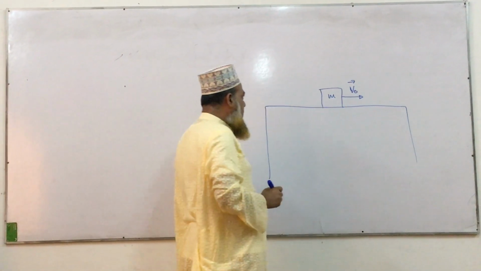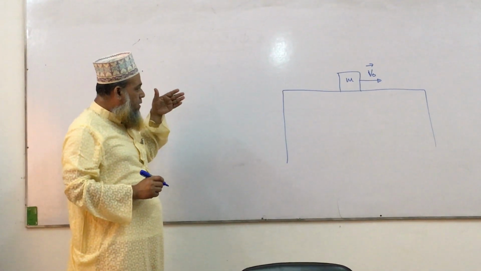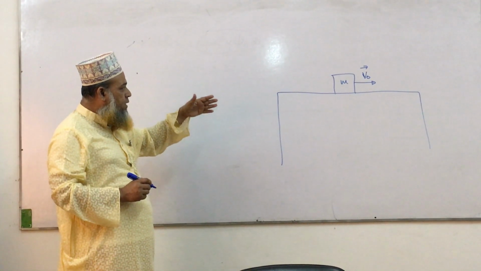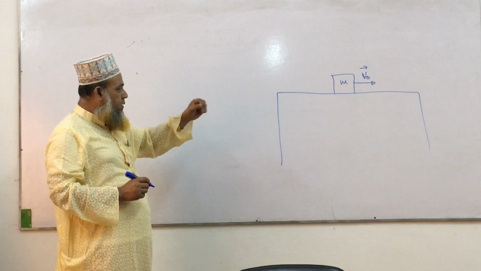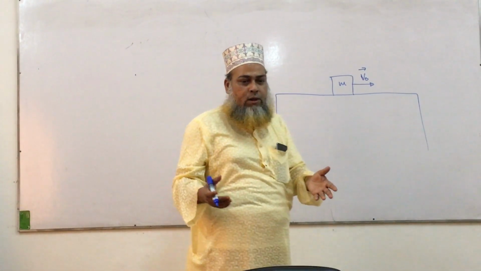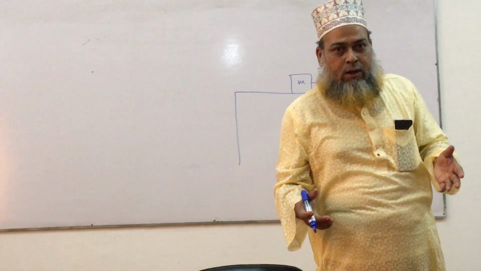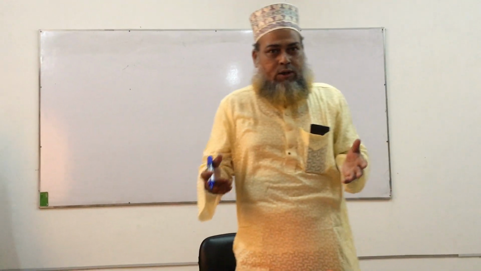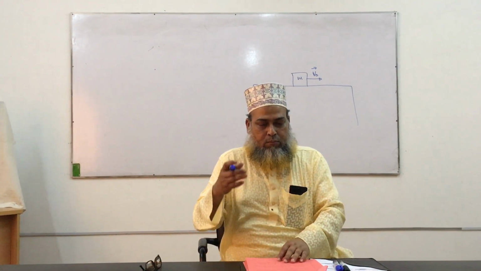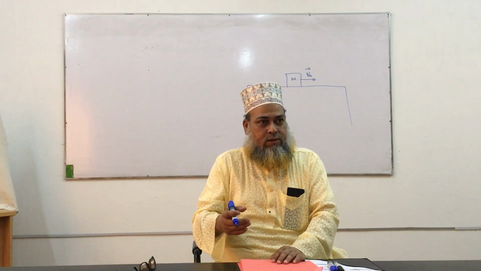This is a vector quantity. This block is sliding over the table. Then you will find that the motion of the block eventually comes to rest. The block cannot continue its motion.